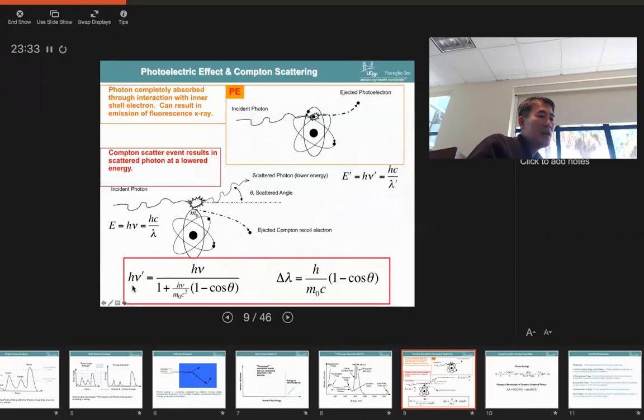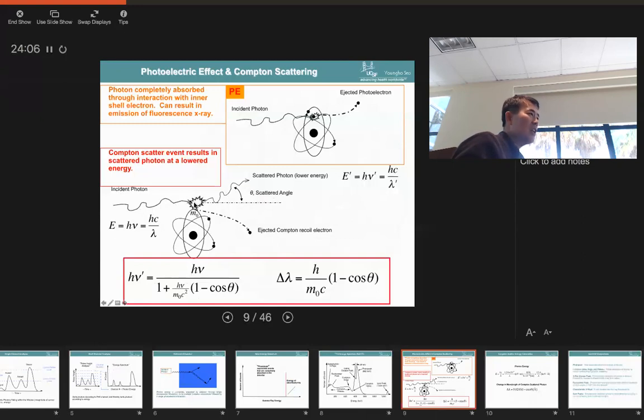And then the energy of a scattered photon is defined this way. You can derive this one. Again, I do not want to derive this on the board, but you can find this equation. Whenever you see any equation, the first thing you want to check is whether it makes sense. Let's say that cosine theta, where theta is the scattering angle, is 0, meaning that scattering basically didn't happen.